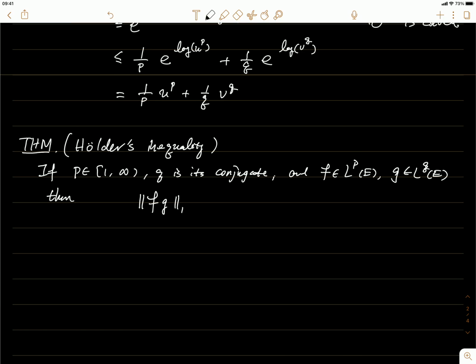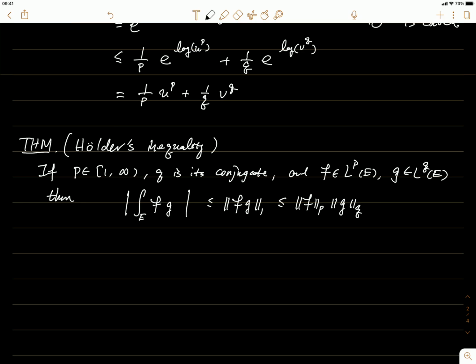let me write it in this way, the integral of fg, so you know the meaning of this, just f(x) times g(x) and take the integral. This is less than or equal to the 1 norm of fg, and this is less than or equal to the p norm of f times the q norm of g, where p and q are conjugate, as we said.